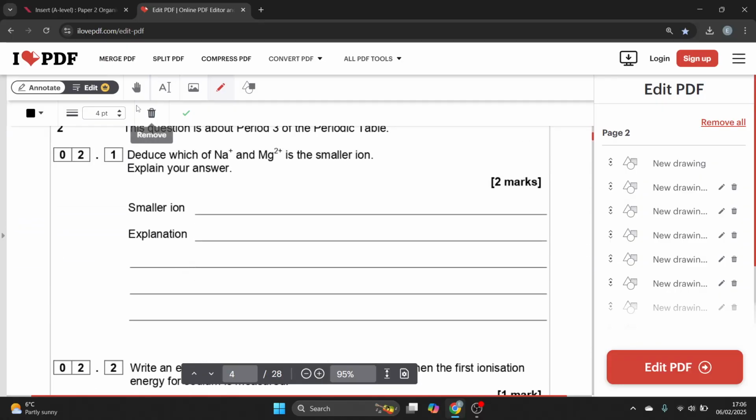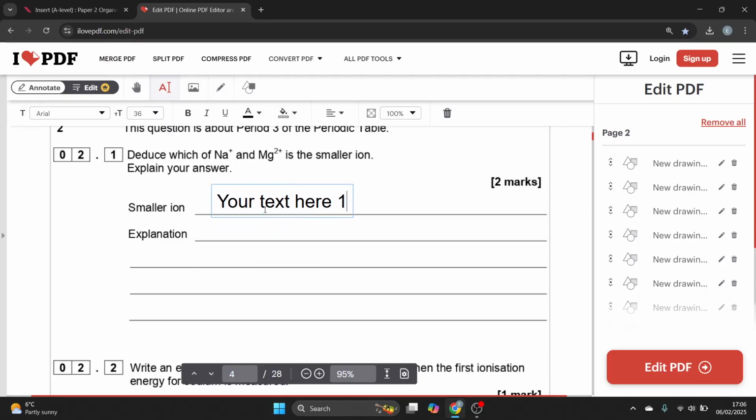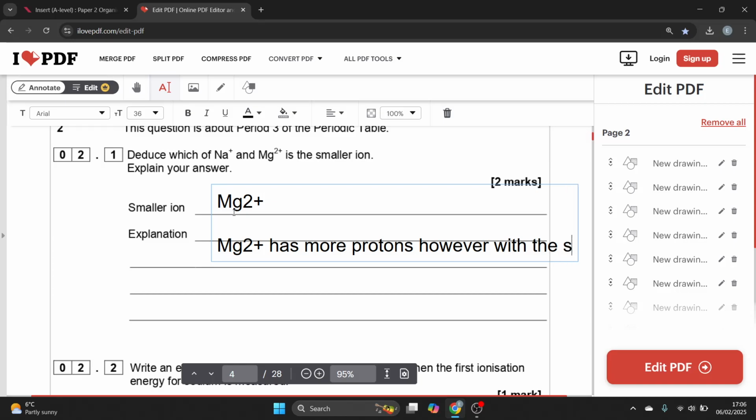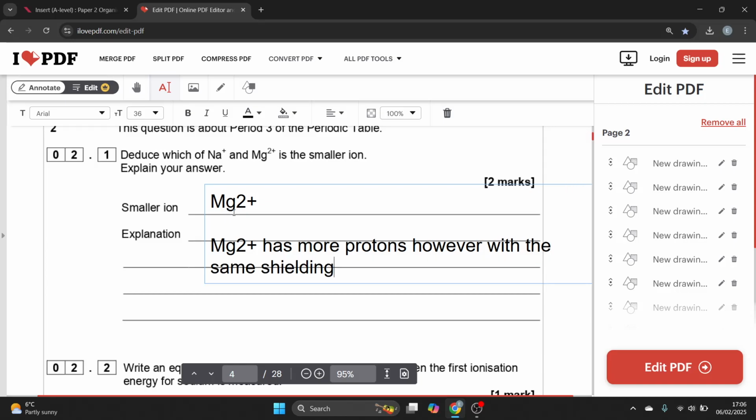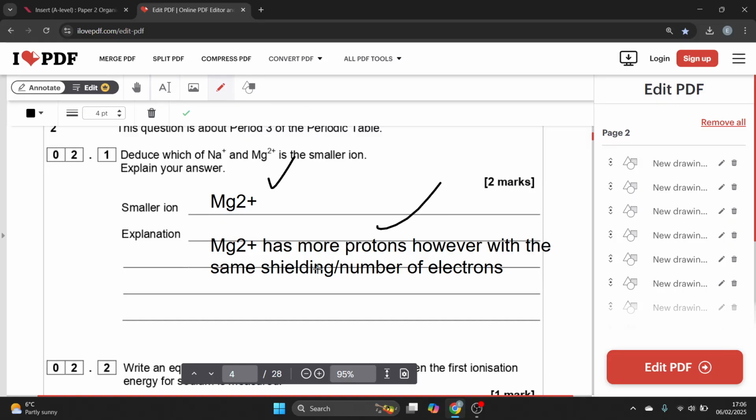Deduce which of Na+ and Mg2+ is the smaller ion. Very classic question. Mg2+. Reason being, Mg2+ has more protons, however, the same shielding and number of electrons.